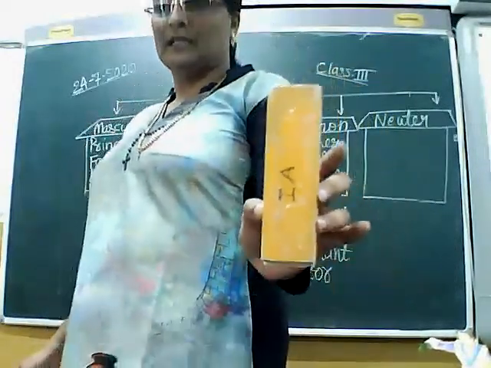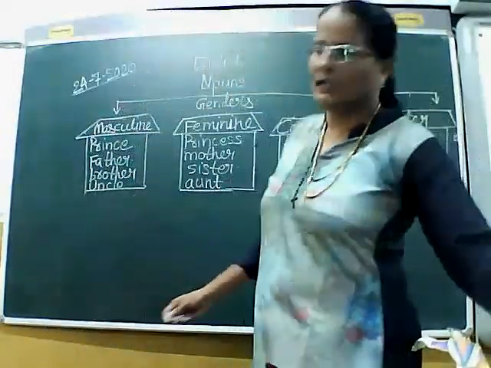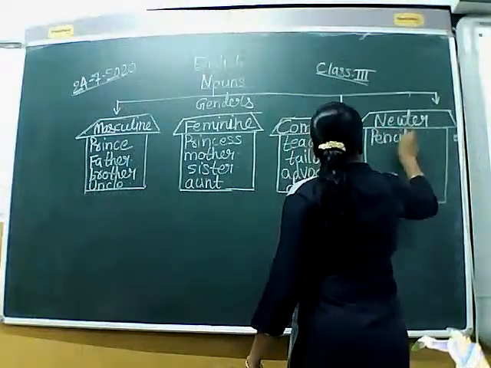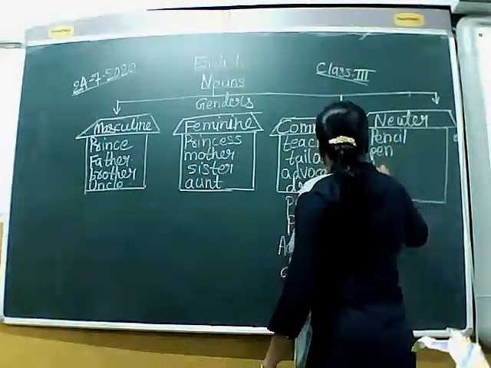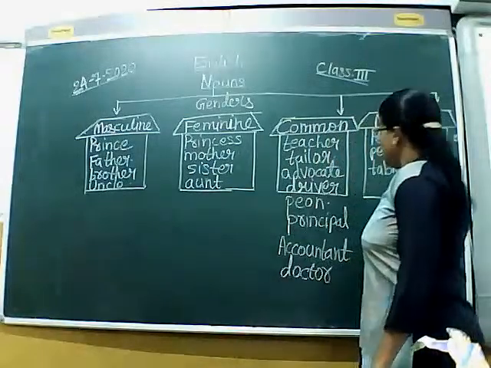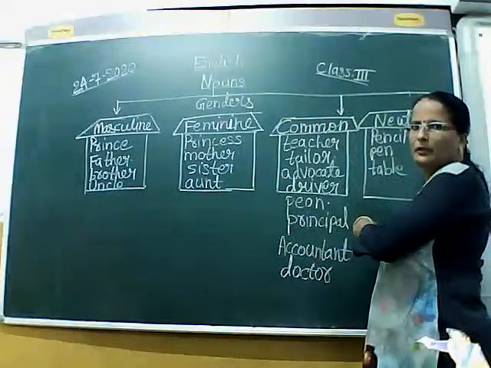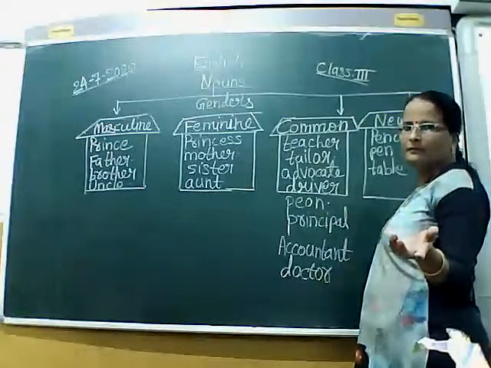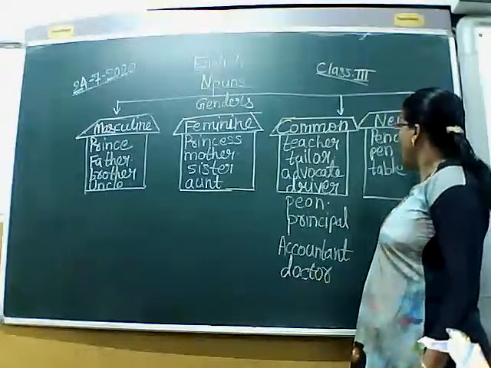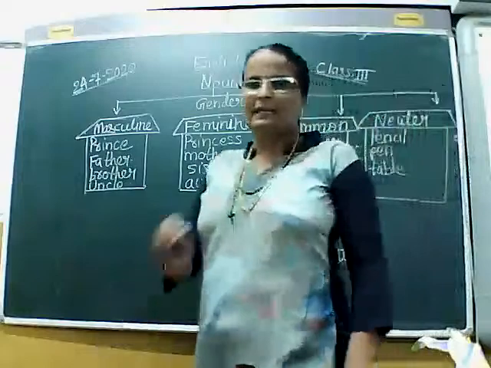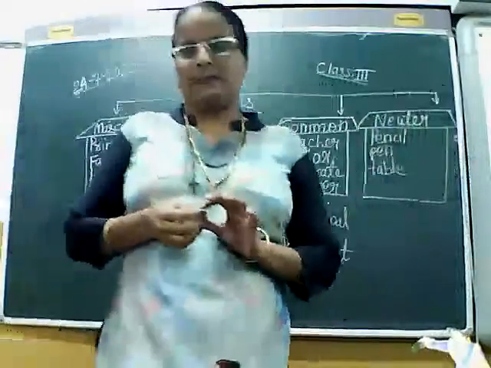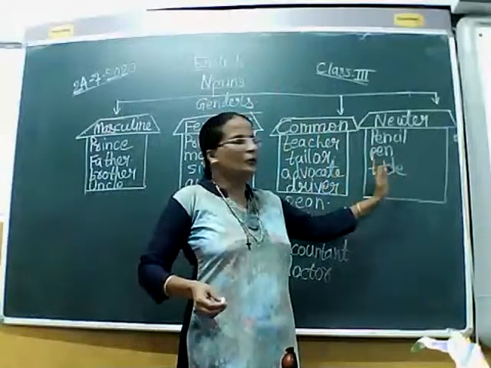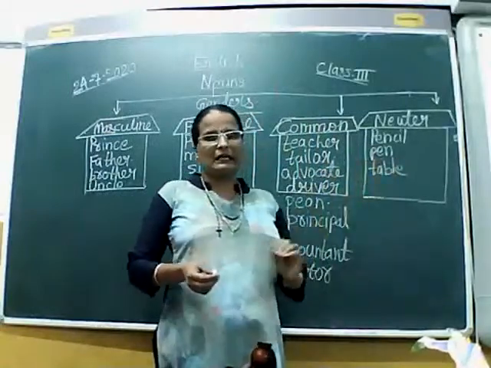Somebody wrote pencil. Okay. Duster, pencil, pen, table, blackboard, camera, mobile phone, computer. All these are inanimate or non-living things. So all the non-living things come in the neuter gender or neutral gender category.